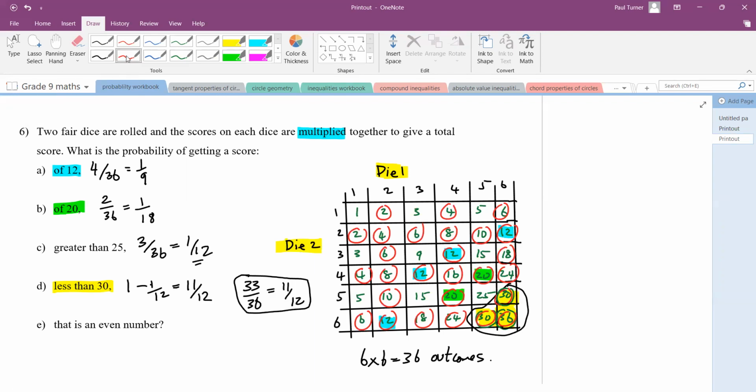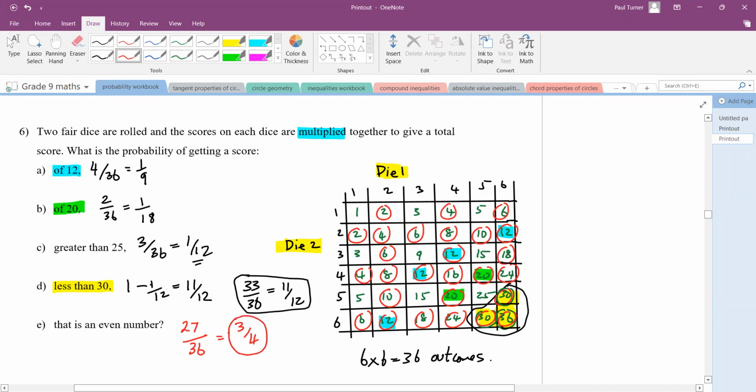So there's 27 even numbers out of 36, which is going to simplify to 3 out of 4. So you're much more likely to get an even number when you're throwing your dice here.